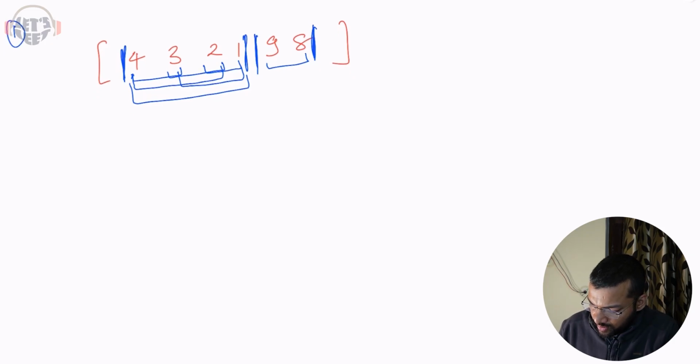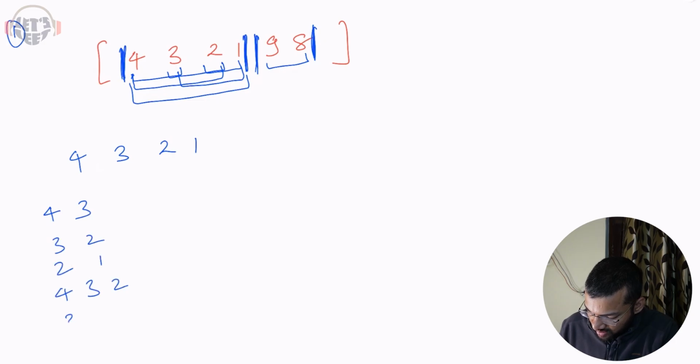Now, if we need to calculate somehow, if we get the periods, then how can we get the total number of smooth transitions? Like in 4, 3, 2, 1, the groupings that can be done are 4, 3; 3, 2; 2, 1; 4, 3, 2; 3, 2, 1; and 4, 3, 2, 1.